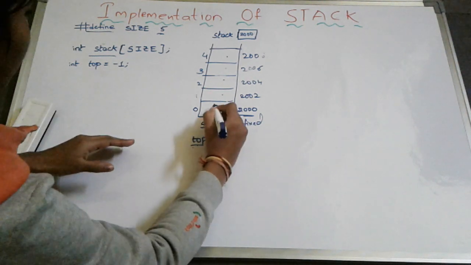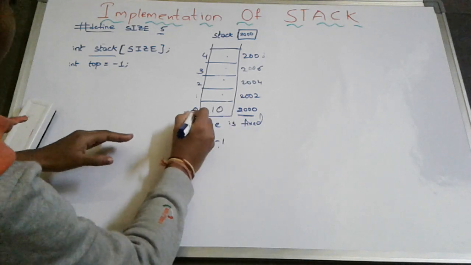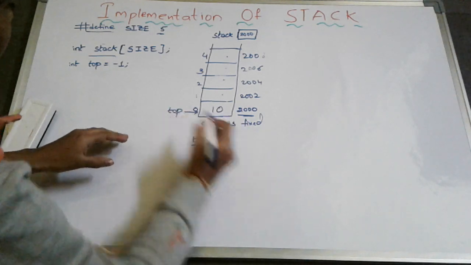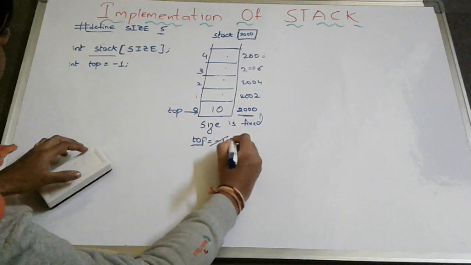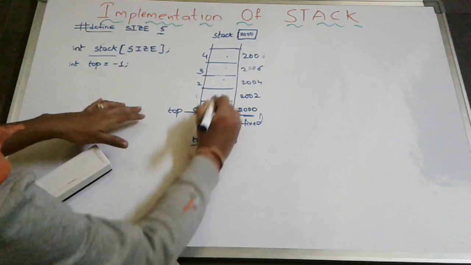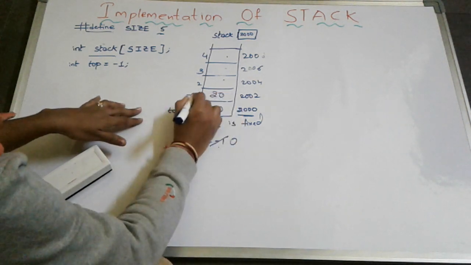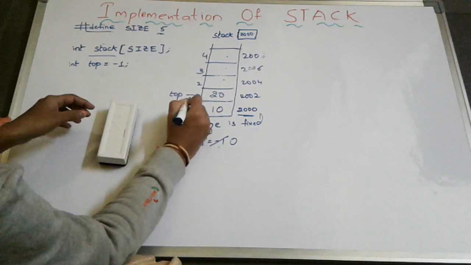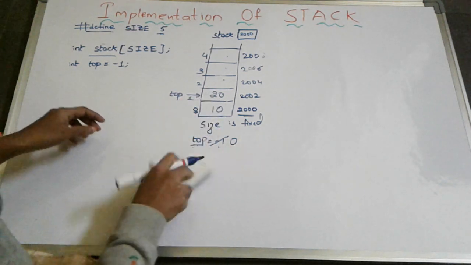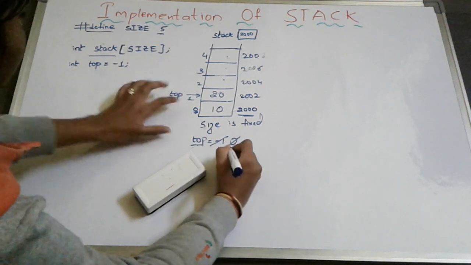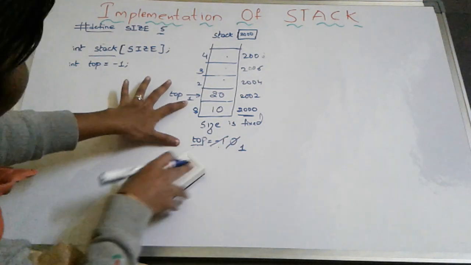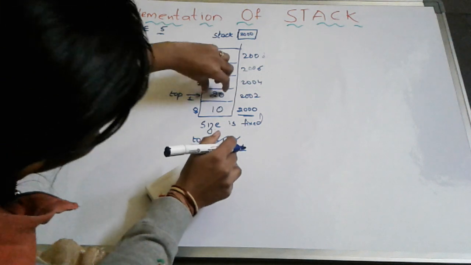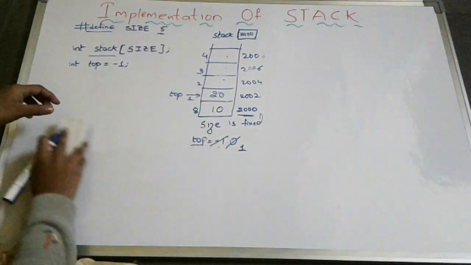So if we have 10 here, top will point here and this -1 will become 0. And if we push 20, top points to the first location and top will be 1. The index of the topmost element is the top.